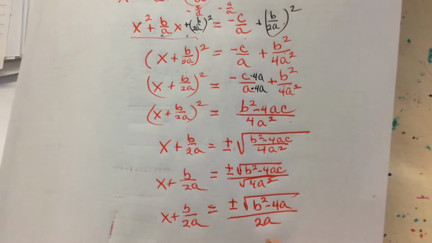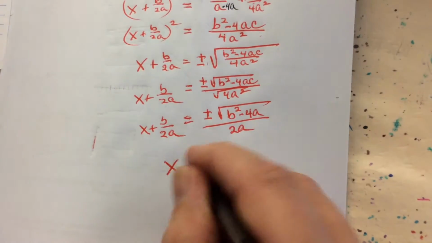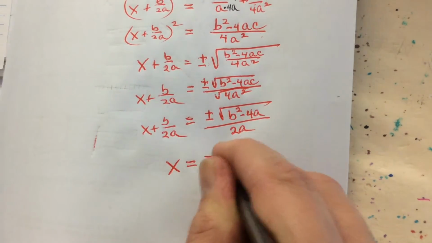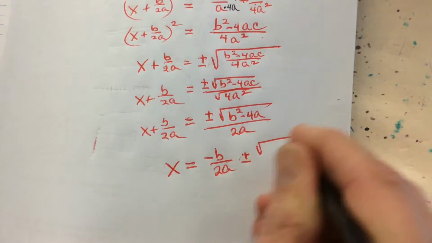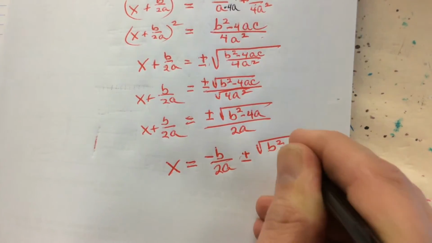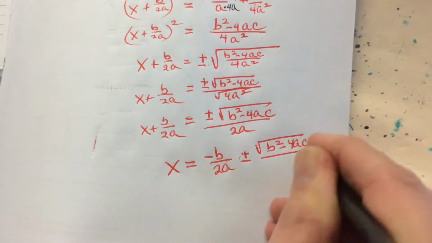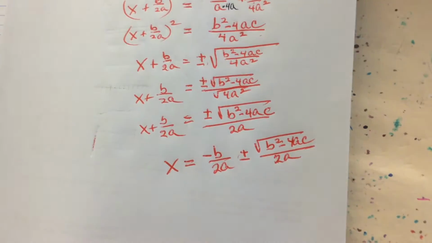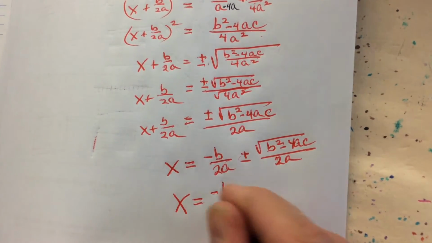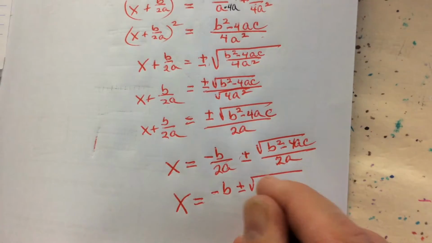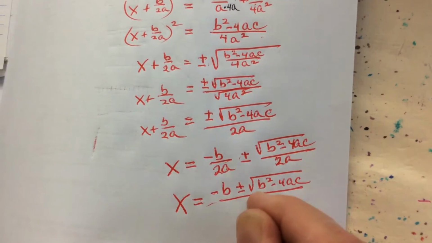And if I subtract b over 2a from both sides, I get x is equal to negative b over 2a plus or minus the square root of b squared minus 4ac over 2a, which I can combine to make x is equal to negative b plus or minus the square root of b squared minus 4ac all over 2a.